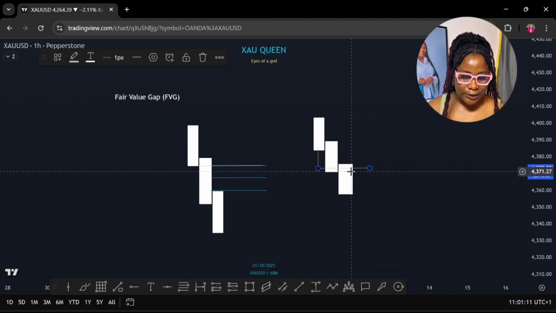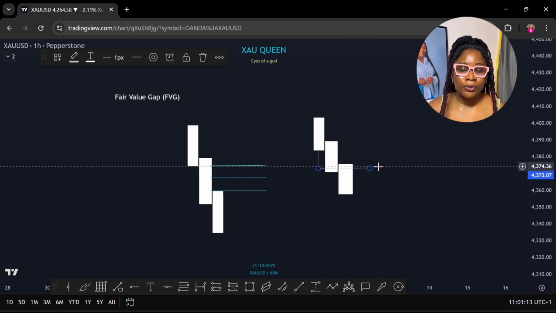The wick of this candle already tapped into the second candle. So this is not a fair value gap.